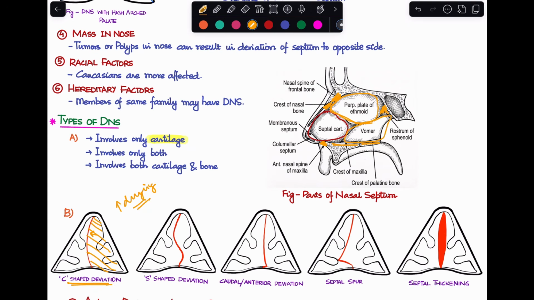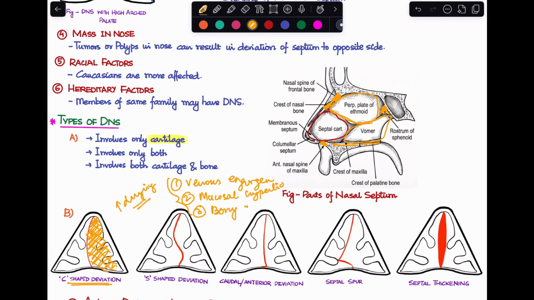Now, because there is increased drying happening on the concave wider side in this kind of a deviation, there are 3 things that happen. One is there is venous sinusoidal engorgement of the turbinate happening. Second is we see a mucosal hypertrophy. And third, in very long-standing cases, you can have bony hypertrophy as well.